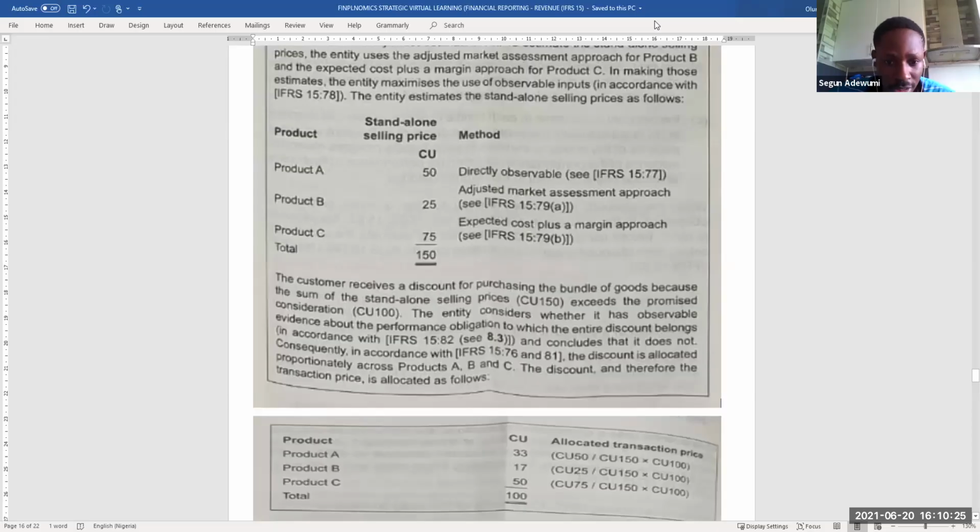is 100 CU. Now, this also shows you that in practice, you can use a combination of these methodologies, but there are conditions that must be considered before making use of this.